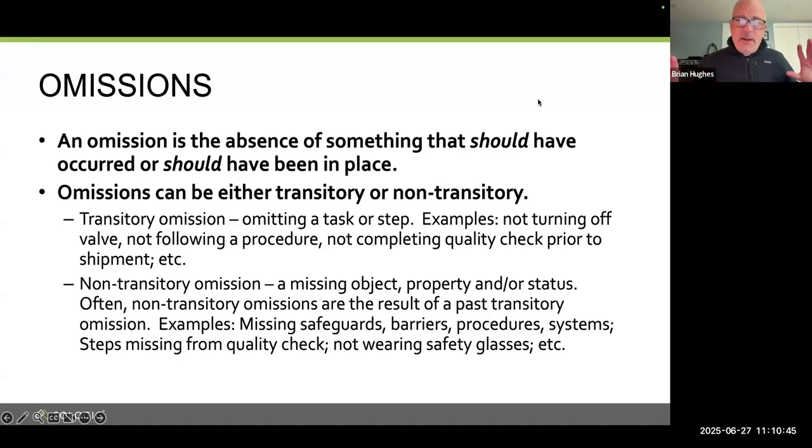I don't want you to ever be afraid of looking at an omission, at recognizing that someone didn't do something that they were supposed to do. I don't want to call it a weakness, but it's a propensity in the world of human and organizational performance these days to avoid blaming people.